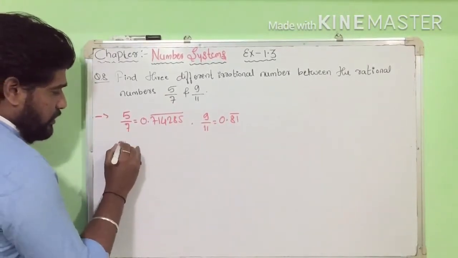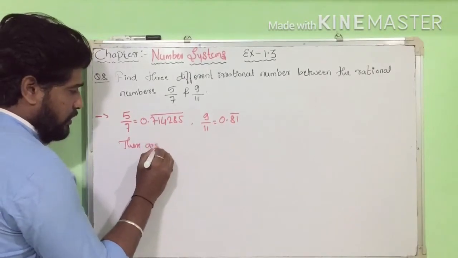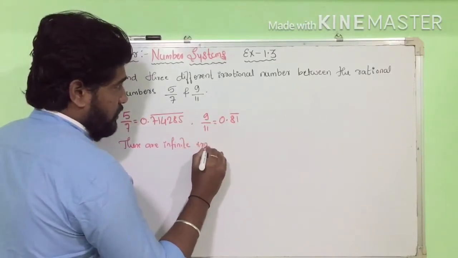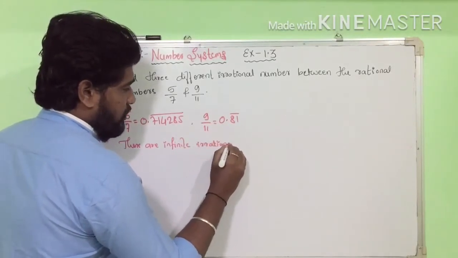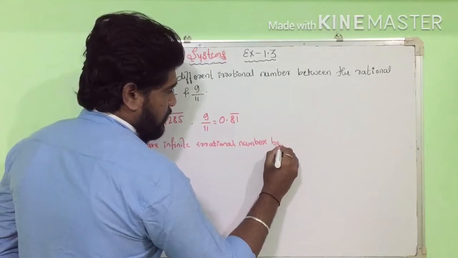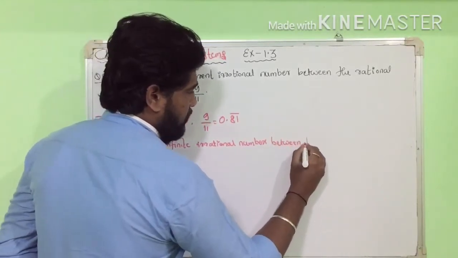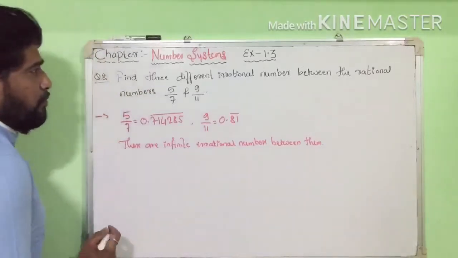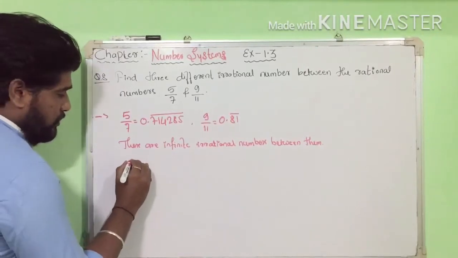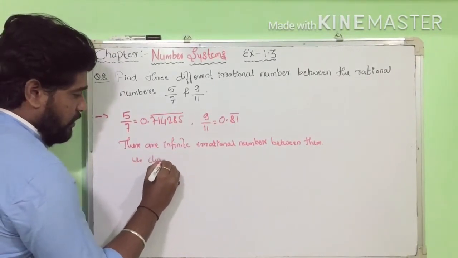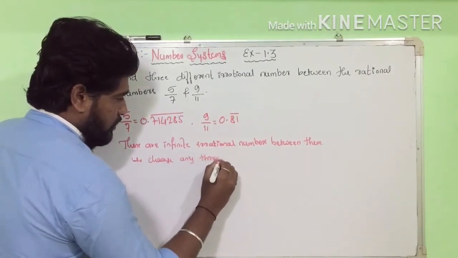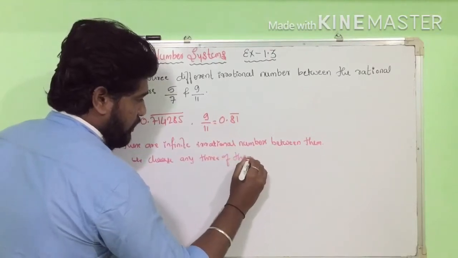So write down here: there are infinite irrational numbers between them, but here we want to write only three different irrational numbers. We can choose any three of them, right?